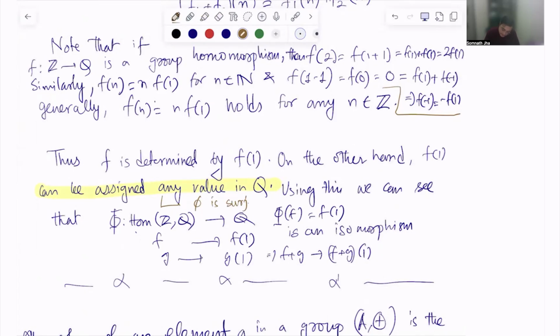And this one, f is determined by f of 1. This one says that phi is injective.